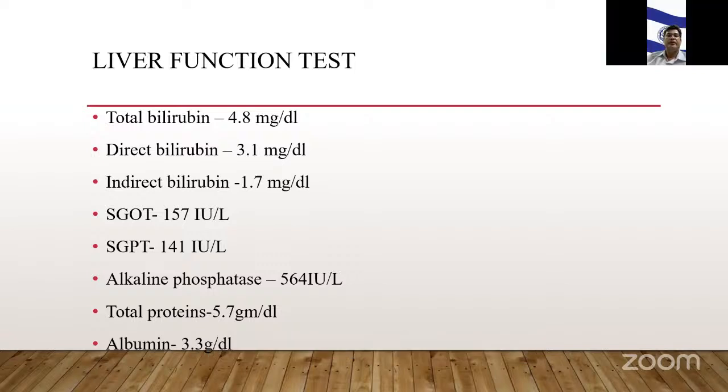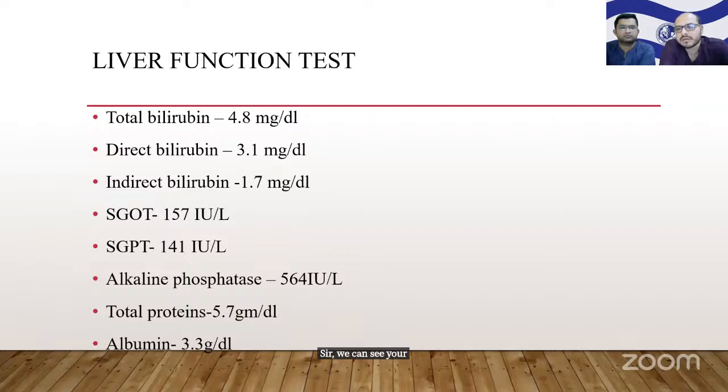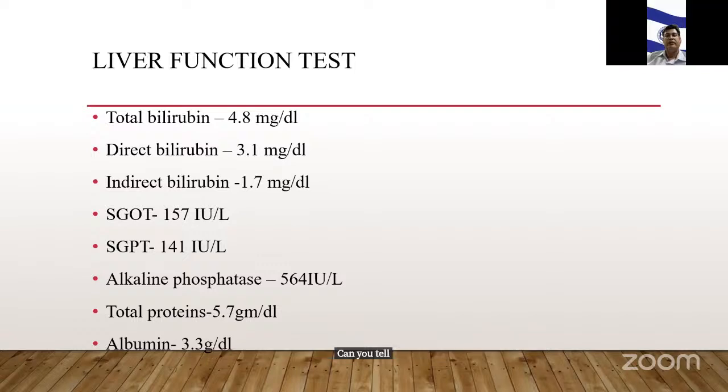What are the other specific enzymes to look for in obstructive liver disease? Sir, we can see GGT, that is gamma glutamyl transferase, and also 5' nucleotidase. Can you tell the normal level of GGT and nucleotidase?